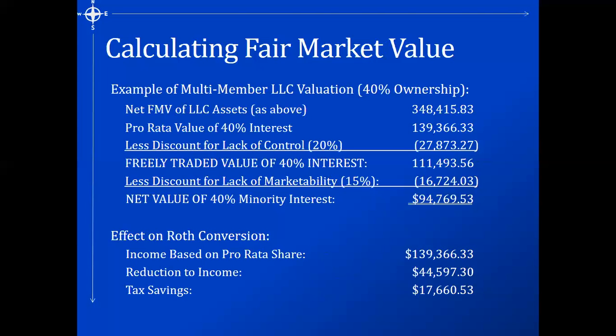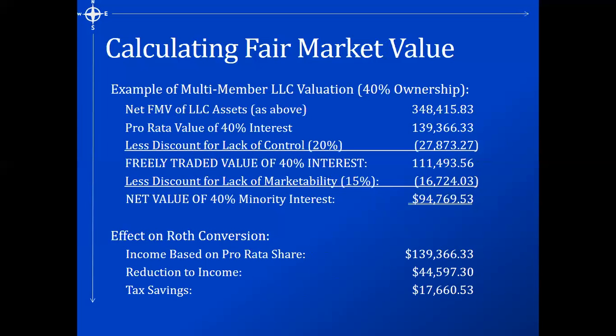So the pro rata share would be $139,000, but the reduction to your income would be the total of those two discounts of $44,597.30. If you didn't take any of those discounts, the income that you'd report to the IRS on your income tax return because of the Roth conversion would be $139,366.